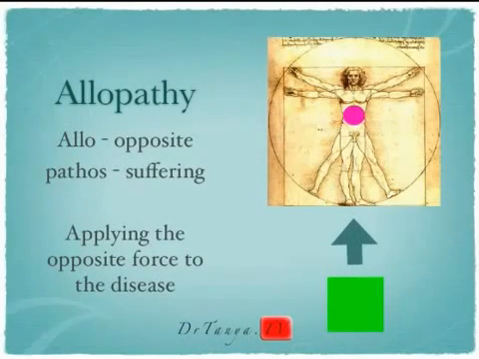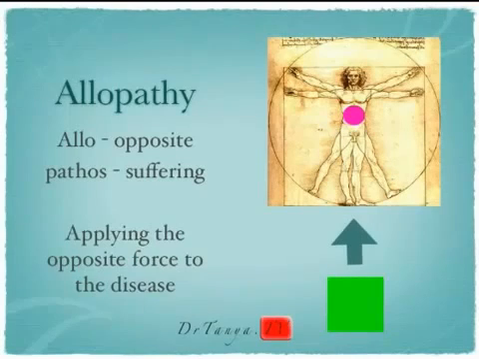So this concept of treating something with a medicine that can cause that same suffering dates back to Hippocrates, who is considered to be the father of modern medicine, one of the first scientific minds in medicine, and someone who made it its own distinct field.